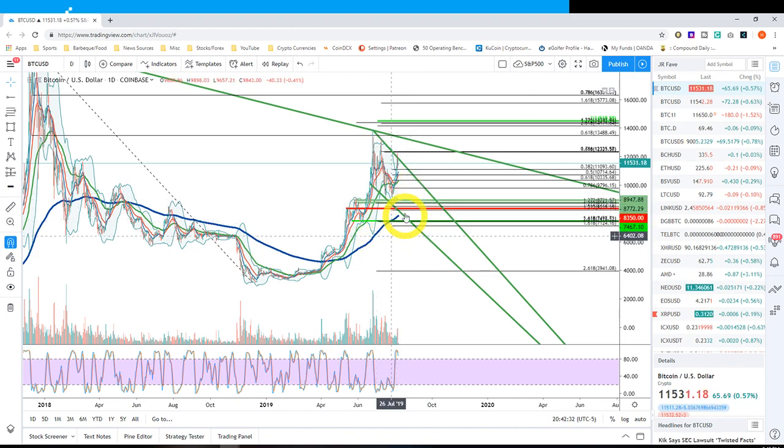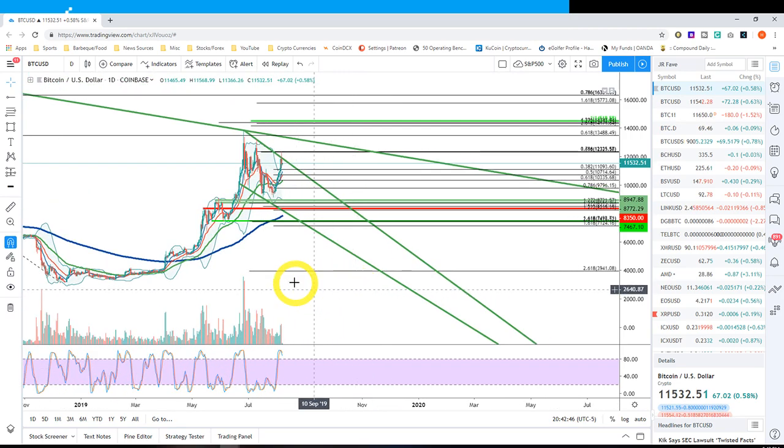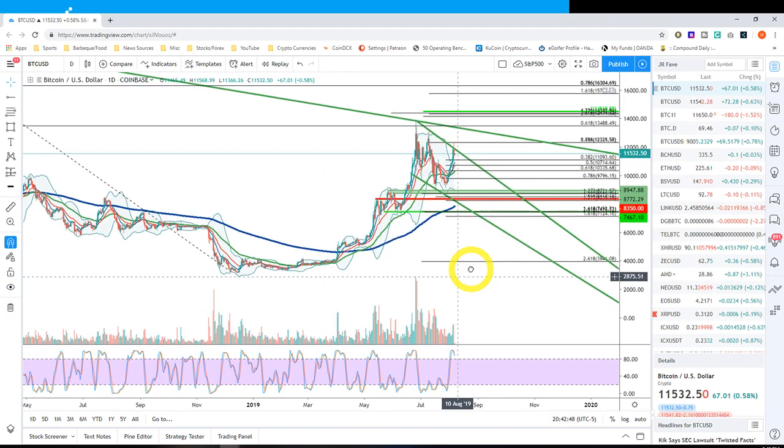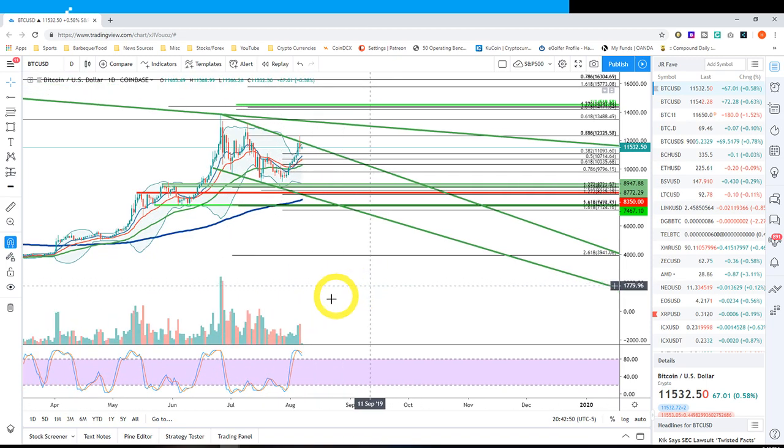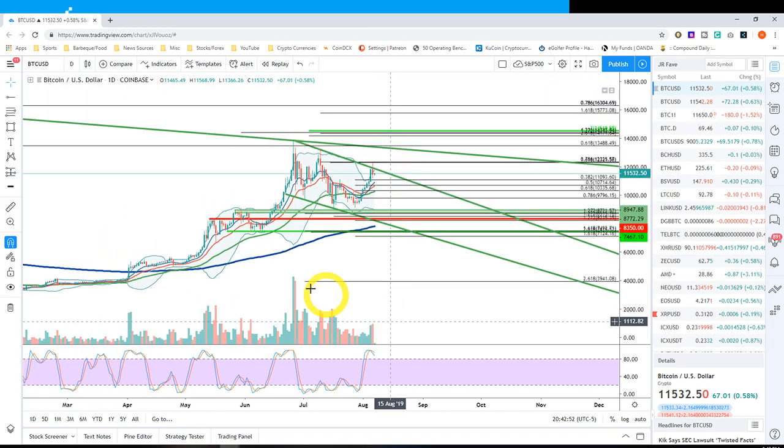Until the 50 and the 200 start to flatten or look like they're turning down, it's a bull market. So you buy the dips. Some people want to short them, and that's fine, but overall, it's a bull market.